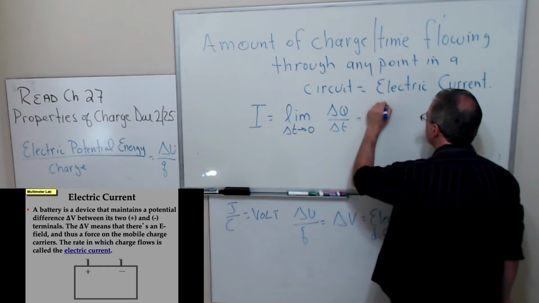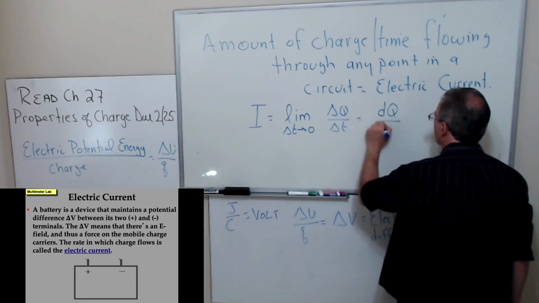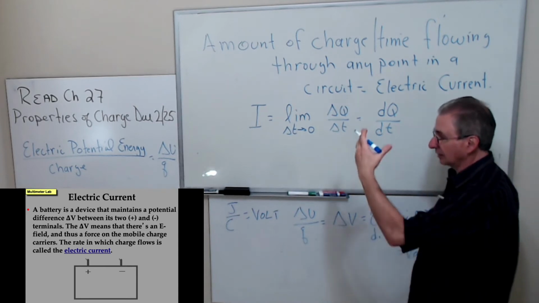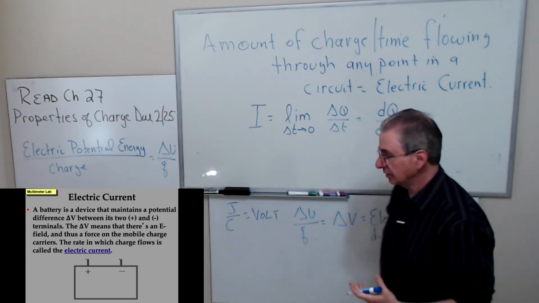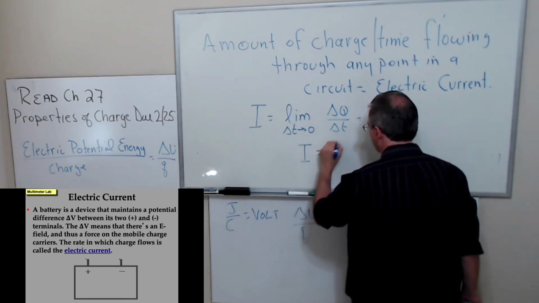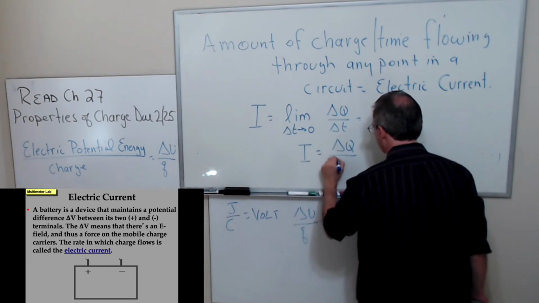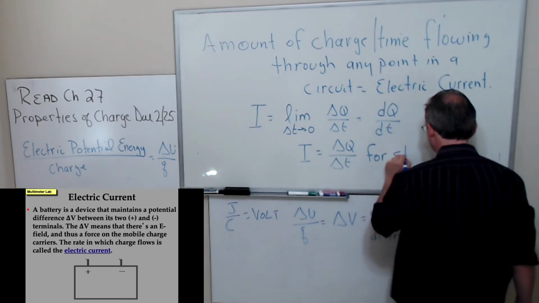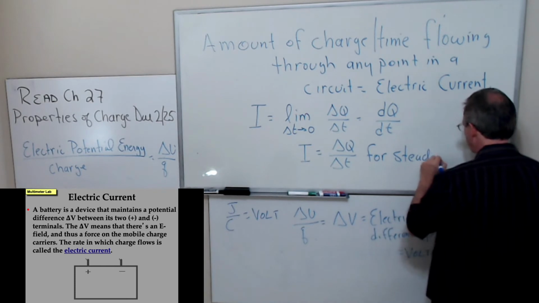And so this is dQ/dt. Of course, in circuits that involve a battery, we can say that I is delta Q over delta T for steady currents, meaning time independent.